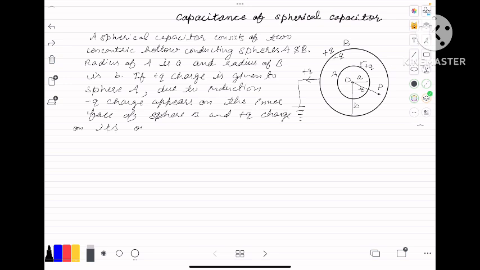Since sphere B is earthed, hence plus Q charge on it flows to the earth.